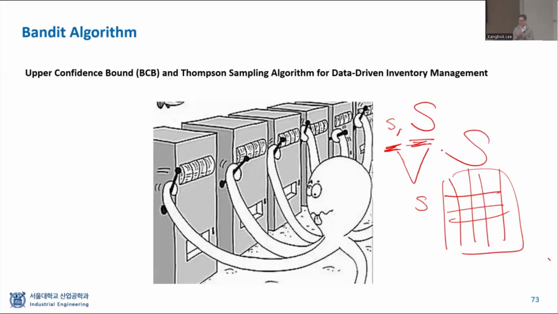So have you heard about the bandit technique before? This bandit is designed for this kind of, what is it, the casino slot machine. So let me go back to this problem. Basically you go to the casino and you have a number of slot machines, and you gotta know which machine has the highest winning probability.